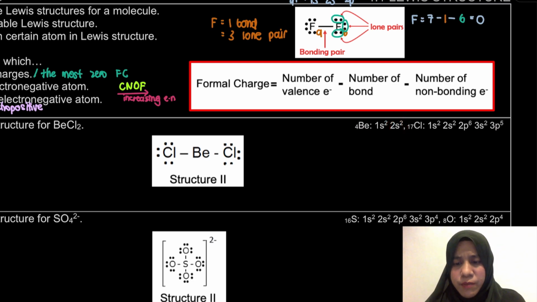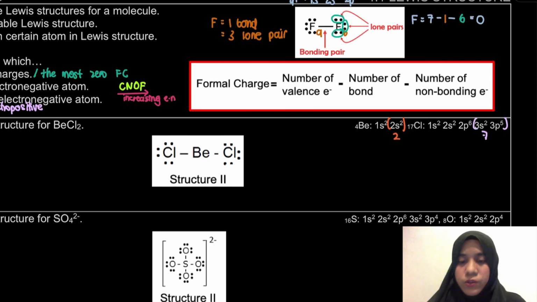If you look here, beryllium is 4, you think it would be 4 valence electrons? But it's not. The valence electron for beryllium is actually 2. For chlorine, it's actually 7.